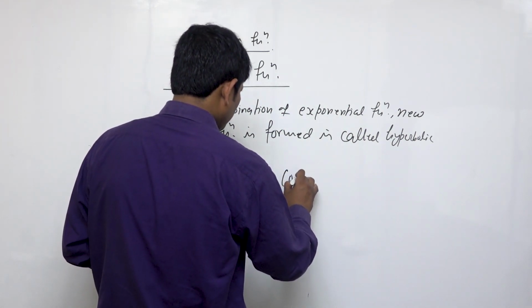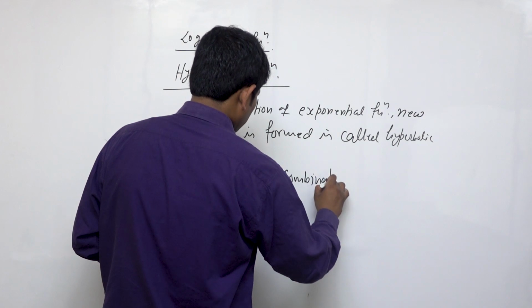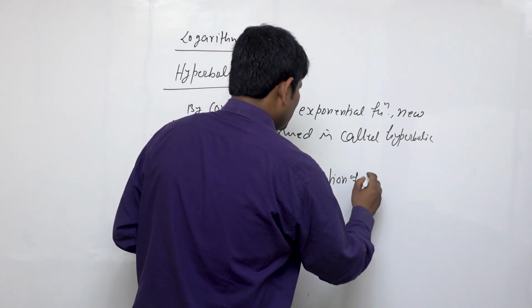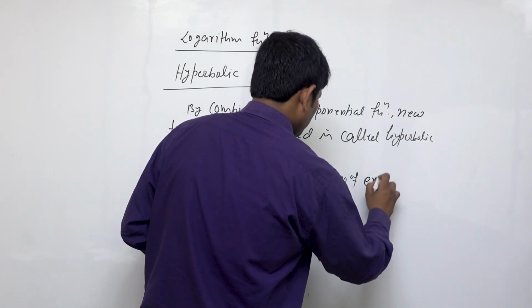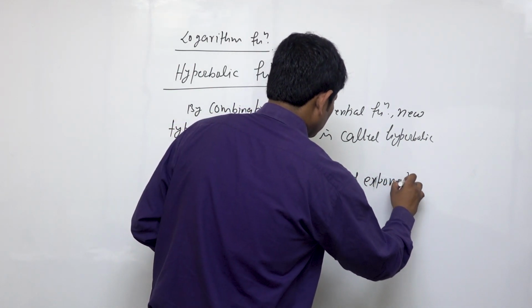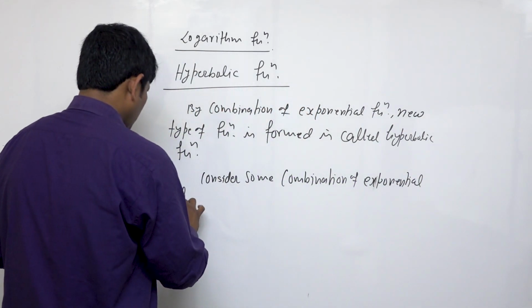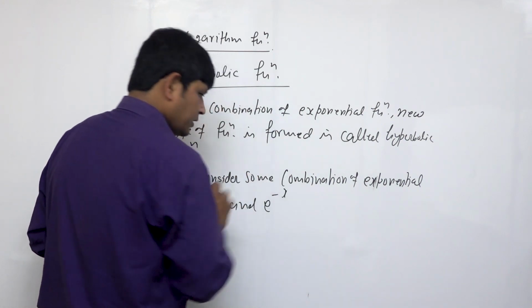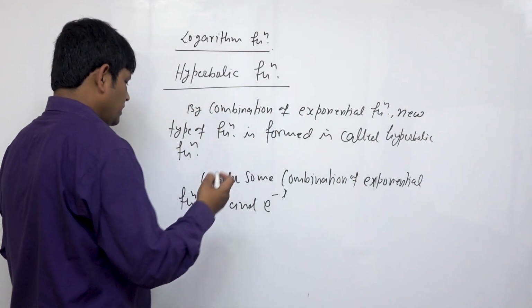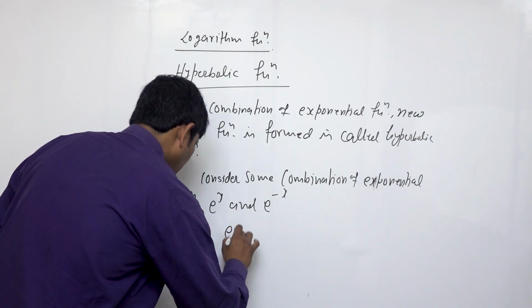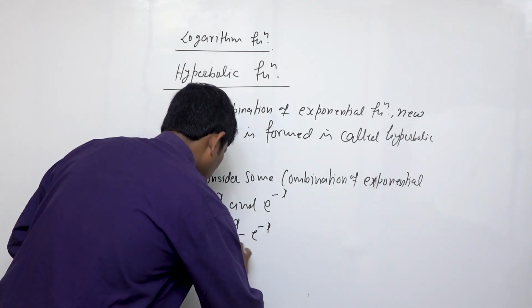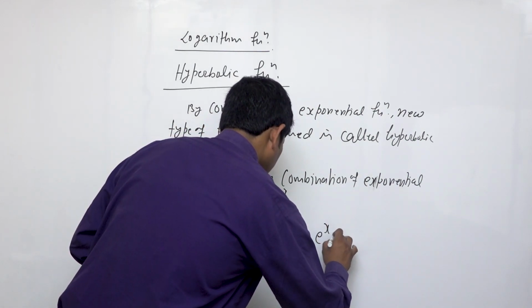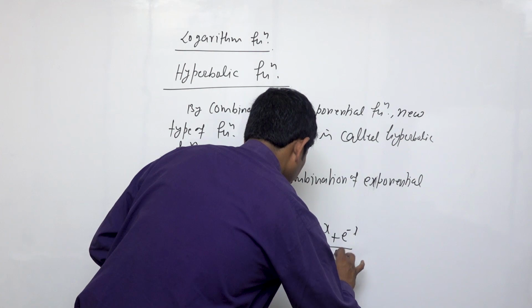some exponential functions, e^x and e^(-x). What are they? Let's see. The first one is e^x minus e^(-x) over 2.